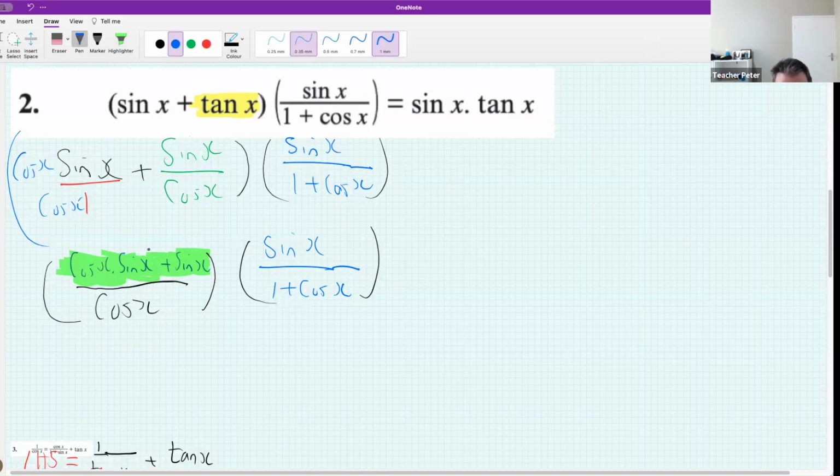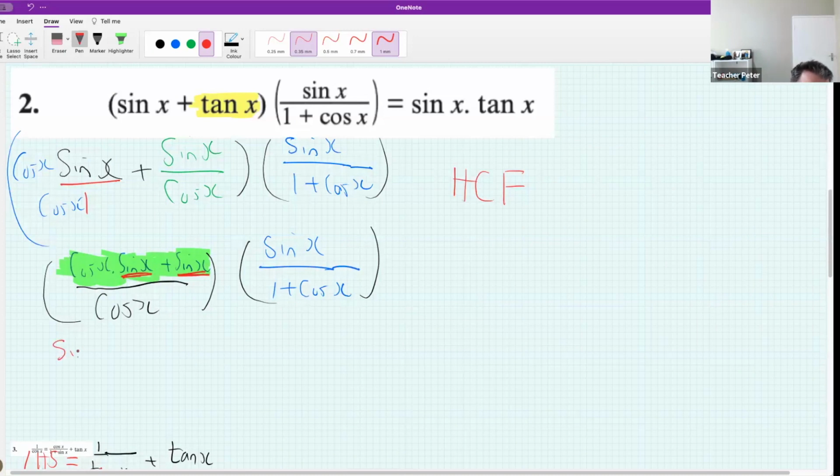Not add them together, but you're on the right track. So Naledi has spotted that there's a sine x here and a sine x there. Does anybody have an idea of what technique you could use to maybe make some different factors here? So I was thinking, have you heard of the thing called highest common factor?